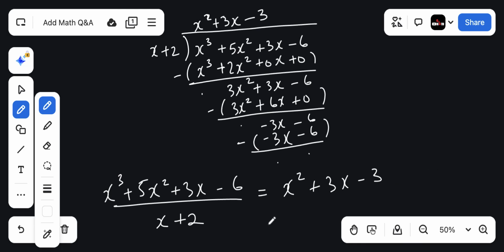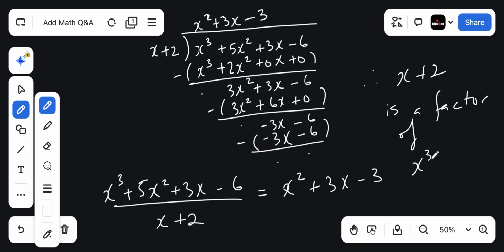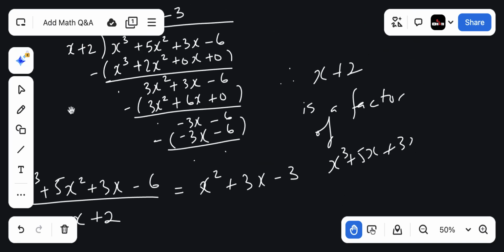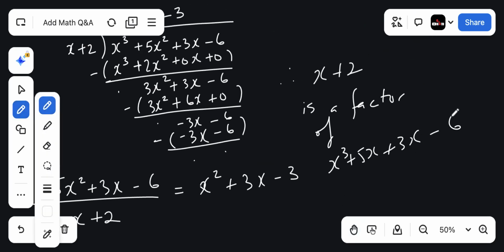All right? And what that means is that this x plus 2 times this expression, this polynomial, this quadratic here, gives me this dividend. Essentially, what this is saying is that x plus 2 is a factor of the expression x cubed plus 5x squared plus 3x minus 6.